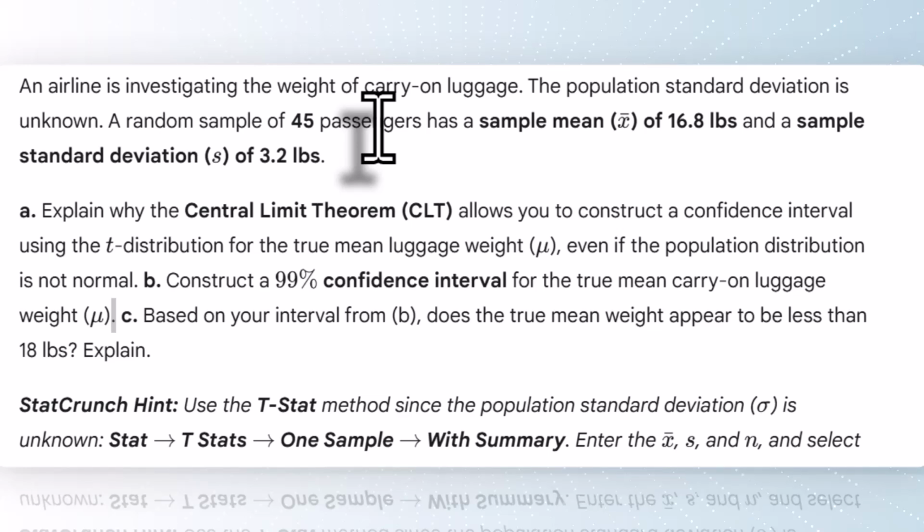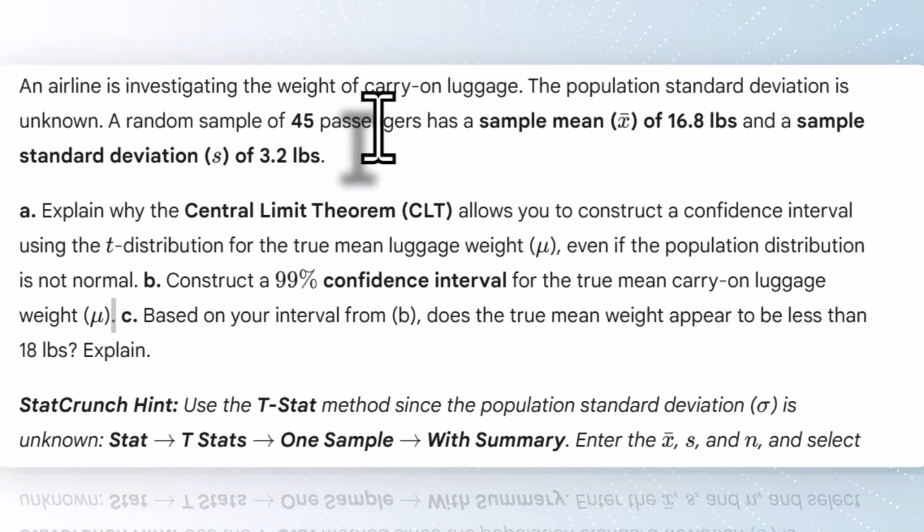All we need is a sample size of 30 or more to be able to construct a confidence interval for the mean. So with the central limit theorem, if the sample size is less than 30, we need to make sure that the original population is normally distributed. But if we don't know anything about the original population, all we need is a sample size of 30 or more, which is the case here.